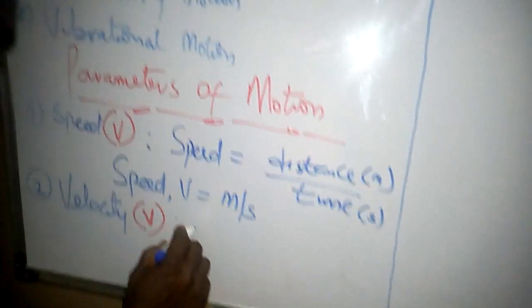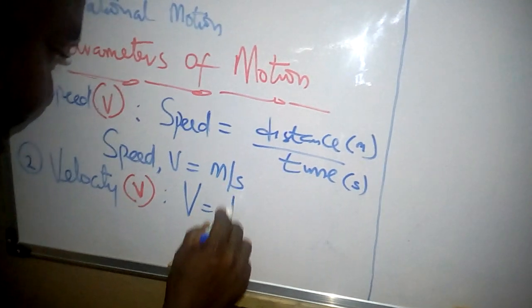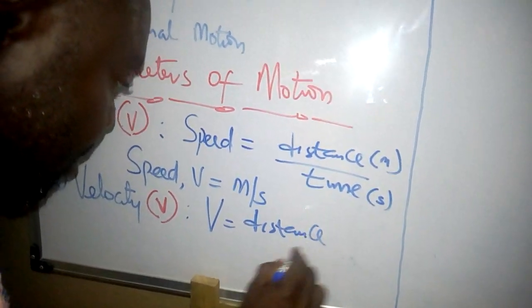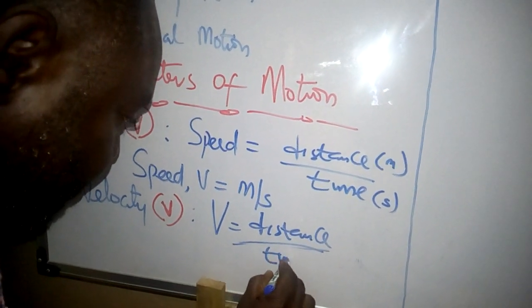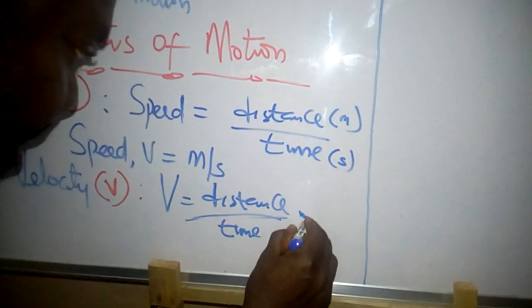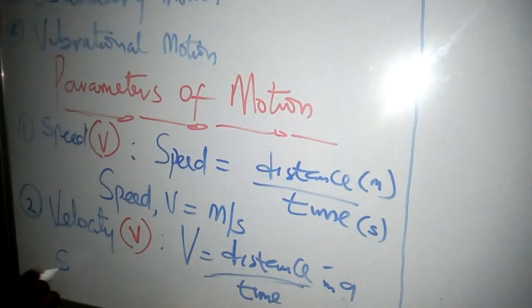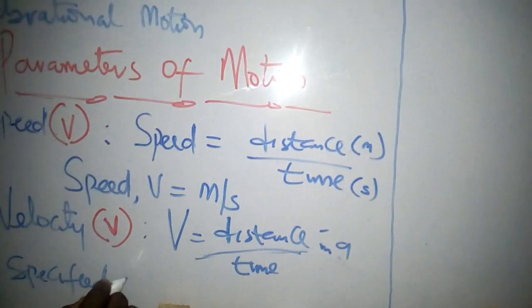Velocity, therefore, v is equal to the rate of change of distance over time in a specified direction.